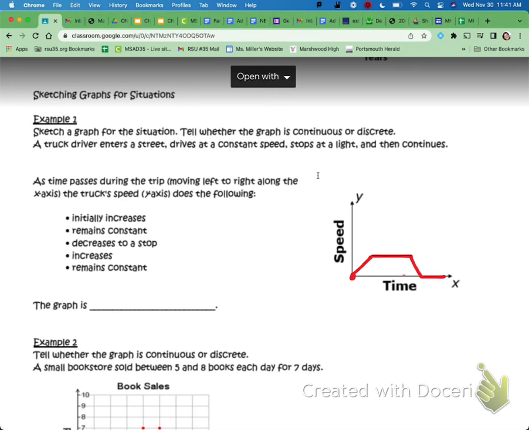What's happening? He's going to go back up to speed, right? And then are we going to keep on accelerating, or what's going to probably eventually happen? It probably goes back to constant, right? Has everybody got that? Okay. So we said that this graph would be continuous.